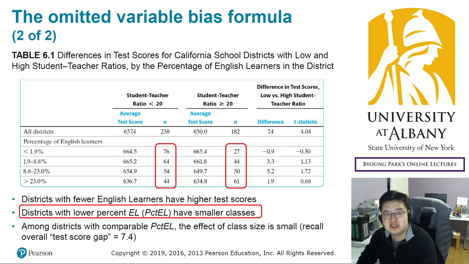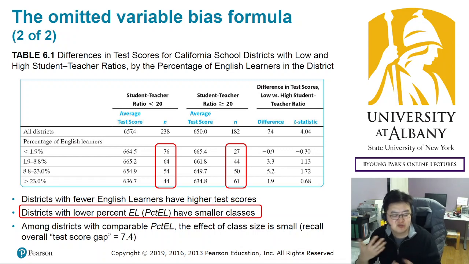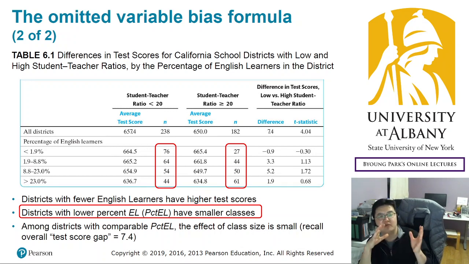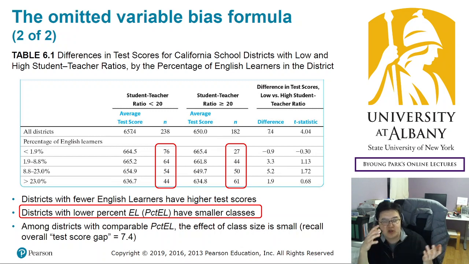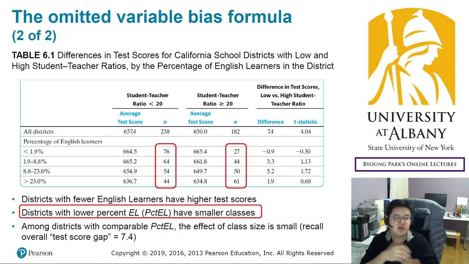That is also consistent with our conjecture, because I assume that school districts with a higher percentage of immigrant students are likely to be less affluent districts, so they are less likely to have a small class group. That's our guess, and this pattern is also confirmed by the data. The data also tells the same story.